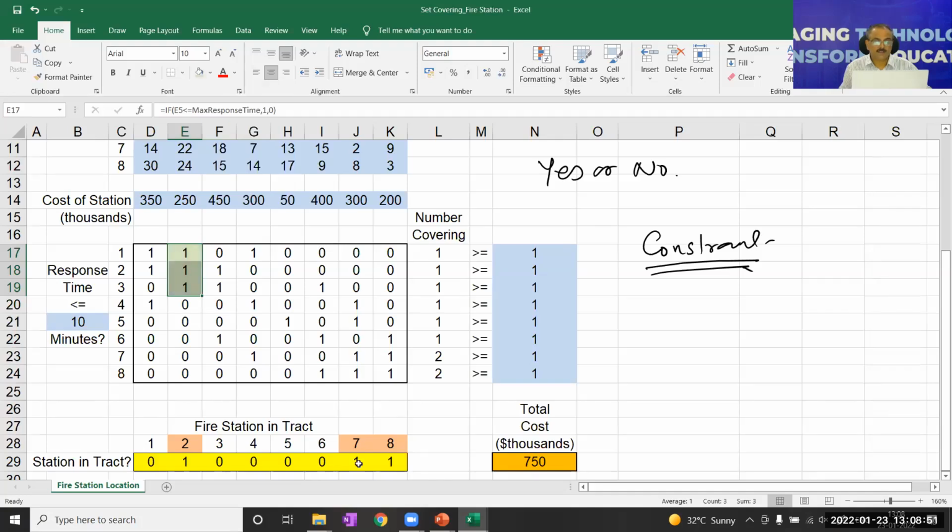If it is located in 7, it will serve these 2 locations and these locations. And if it is in 8, it will serve this location. So based on this solution of 3 fire stations in tract number 2, tract number 7, and tract number 8, all the locations in that region are covered within 10 minutes.